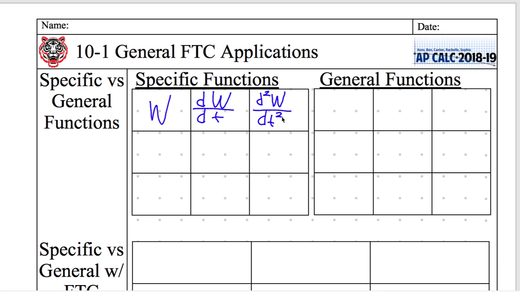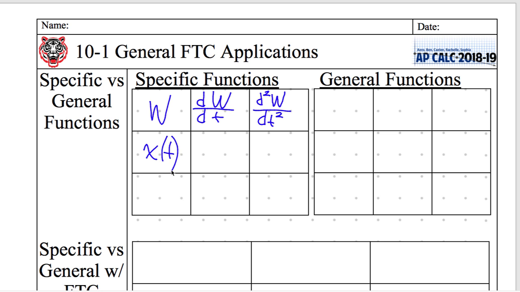All right, let's talk about position. If I have a position function, we're doing position, velocity, acceleration. Position is given by usually what letter? X, Y. If you're going up and down, it's usually Y. If you're going left and right, let's do X. X of t.